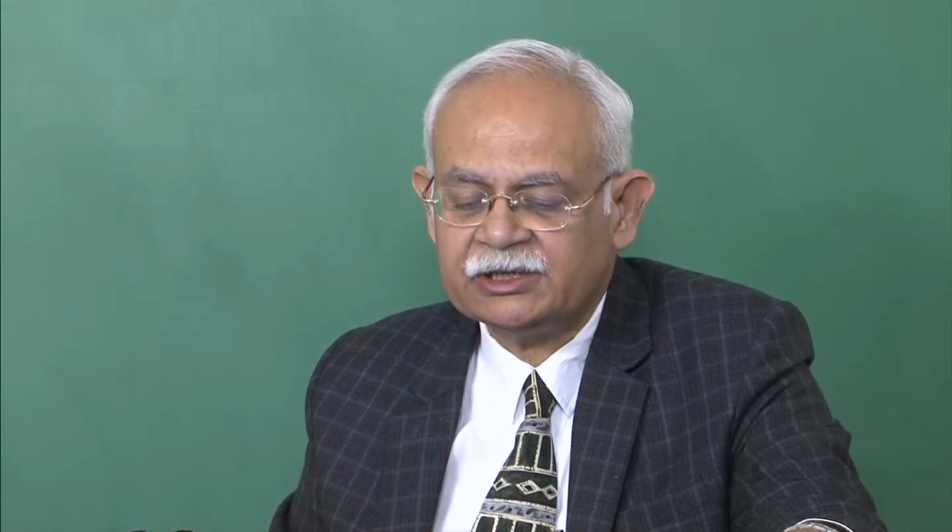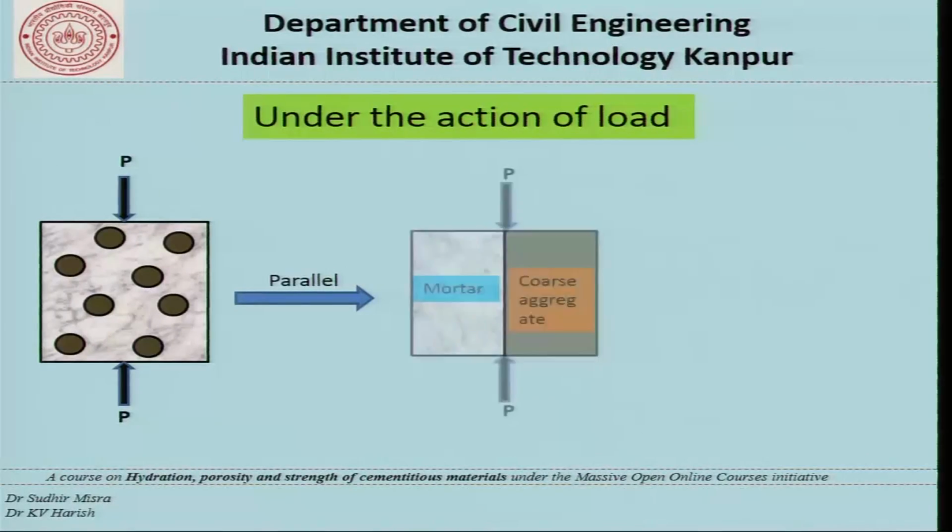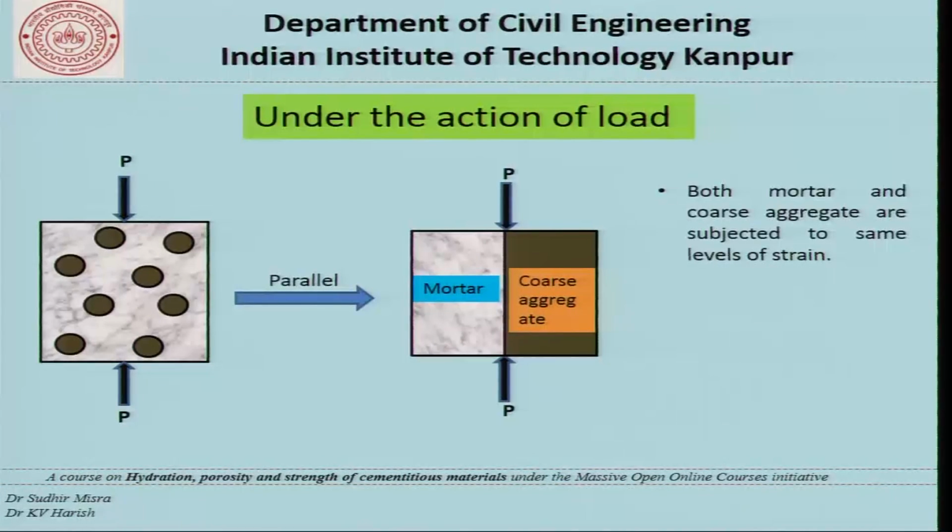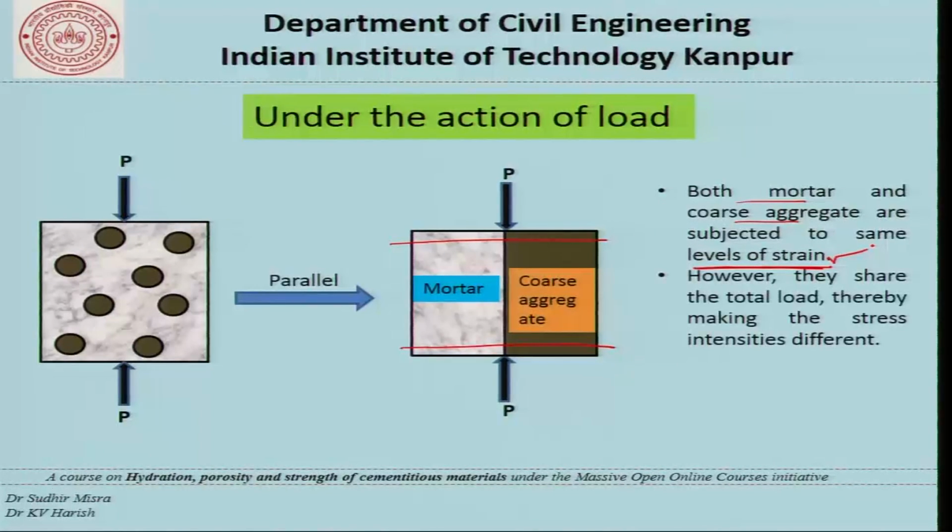If we take the situation now when the two phases are in parallel, then the load carrying mechanism suggests that both the mortar and the coarse aggregate will be subjected to the same level of strain. That is, they have to deform to the same level. And now, if the level of deformation, which is the strain, is the same, then the load that they carry, which is related to the stress, will be different.